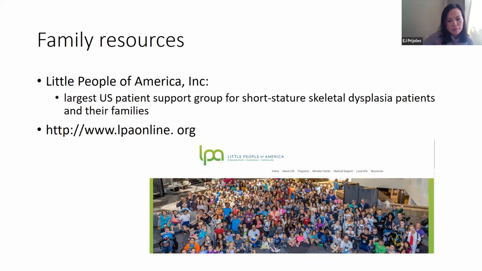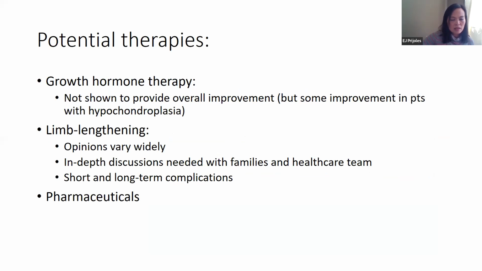There are family resources out there for individuals with skeletal dysplasias, including achondroplasia, like Little People of America. And then just to review, there are some therapies, including growth hormone that has been discussed in the past, but has not shown a lot of improvement for those with achondroplasia, but it may be showing some improvement in patients with hypochondroplasia.